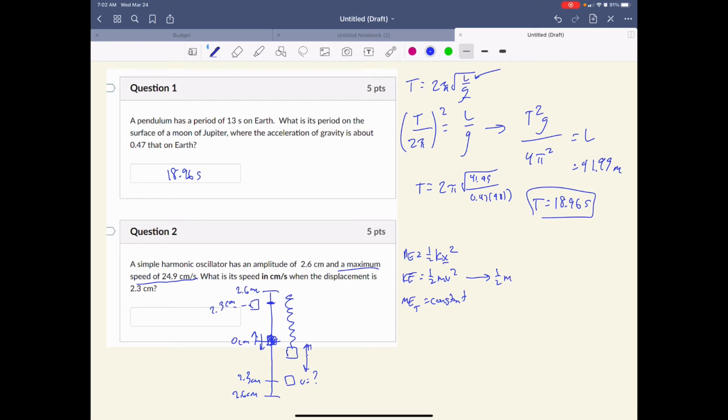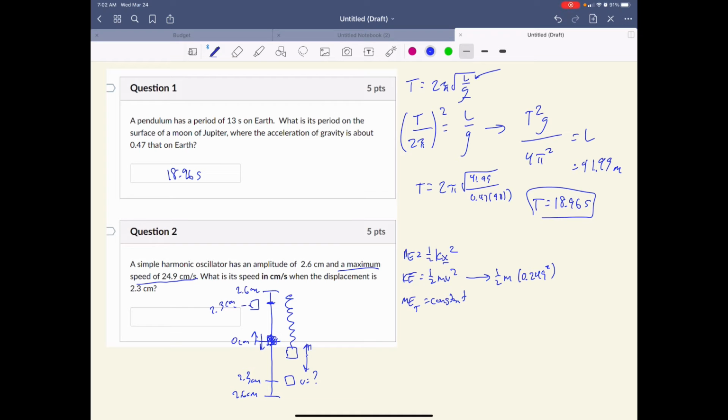Notice that we're not given a mass, so we're just going to deal with that by leaving it as an m for right now. And it's a maximum speed of 0.249 meters per second, so 0.249 squared. Again, we are not given a mass, but I have a feeling that the m value will cancel anyways as we go through this.